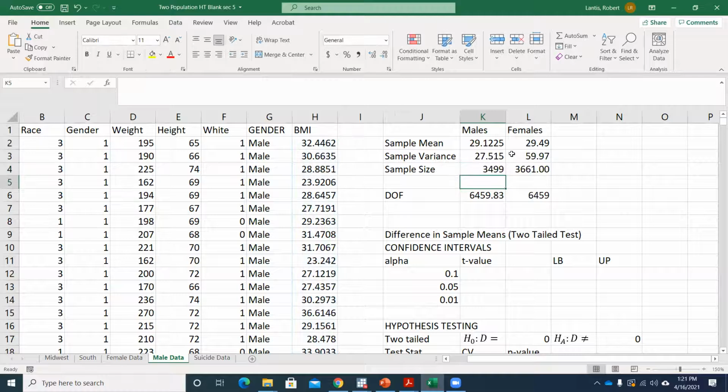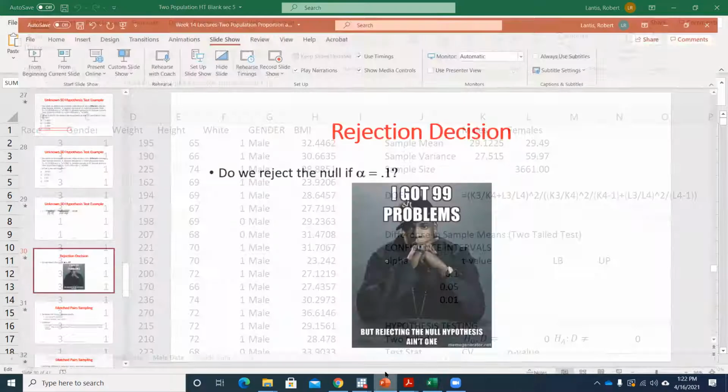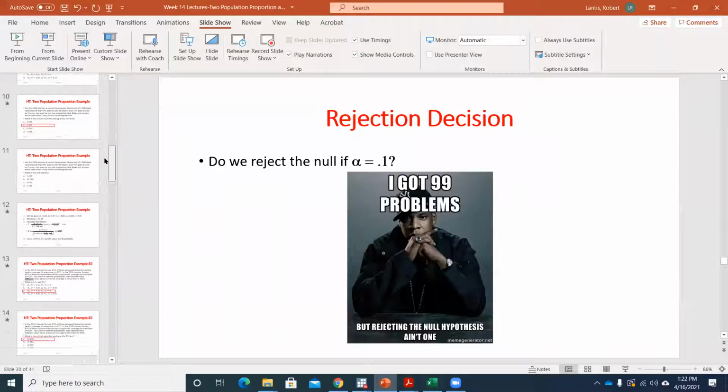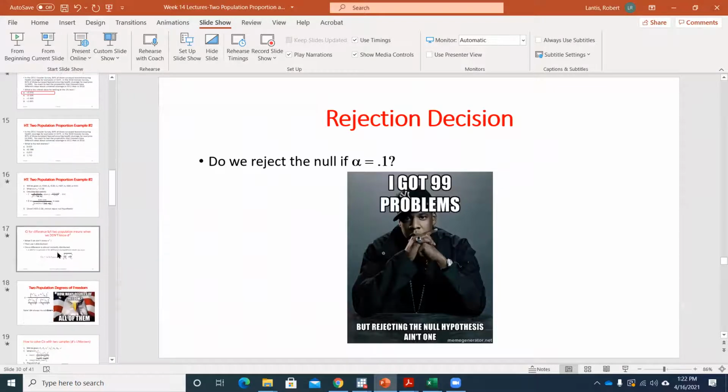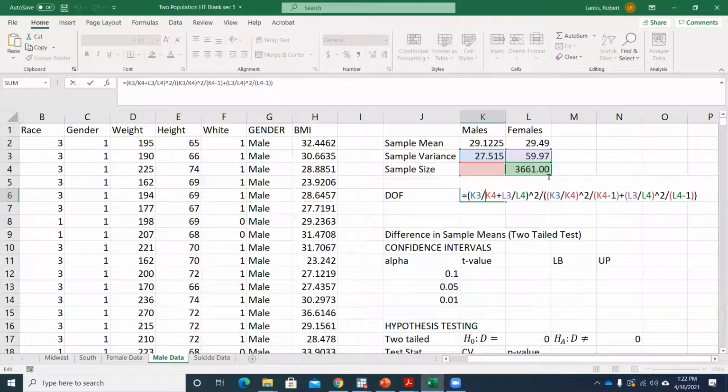I now have, and notice before I did that last one, I had this thing already entered into Excel, and I did this for the Excel homework as well. Once you fill in this little table with the two group sample means, variances, and sample sizes, I already had the equation that mimicked this one. I just put this equation into Excel with all the cell references, and I made sure all the parentheses are right.